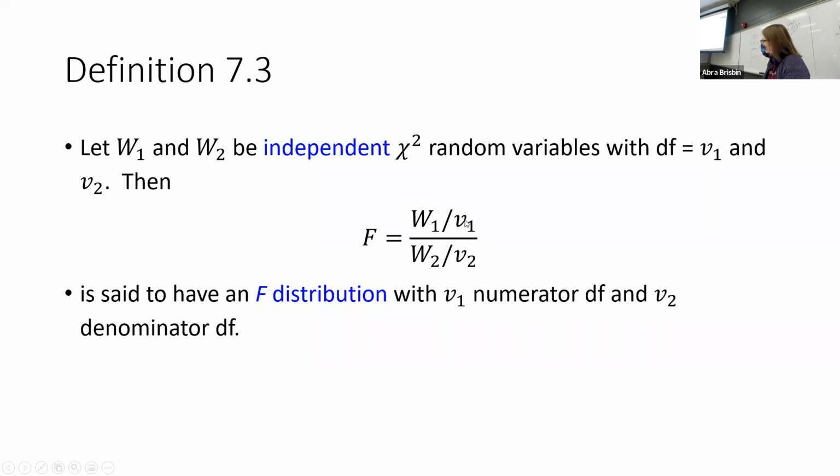Then the random variable that's equal to W1 over its degrees of freedom divided by W2 over its degrees of freedom, by definition, we call that an F distribution with two different degrees of freedom to describe its shape. So V1 is the numerator degrees of freedom and V2 is the denominator degrees of freedom.